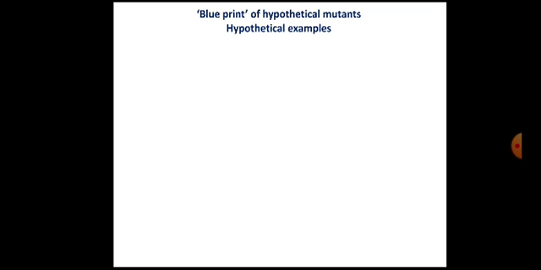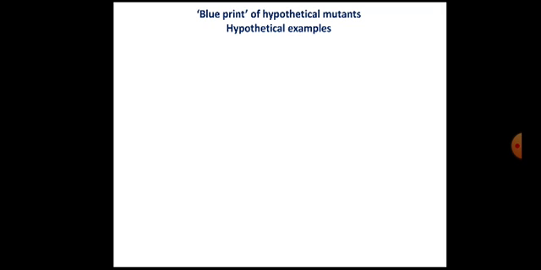So if the blueprint is available, then we can plan the changes for the possible modification of the organism, possible production of auxotrophic mutants for the overproduction of microbial metabolites.